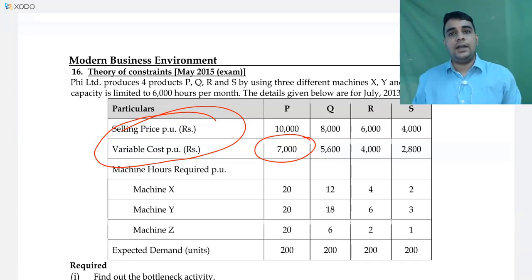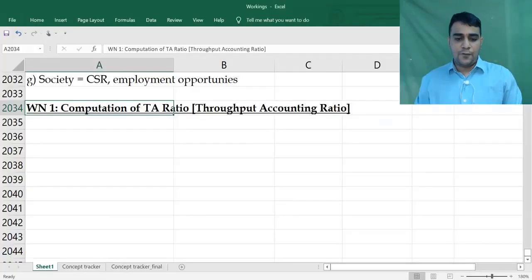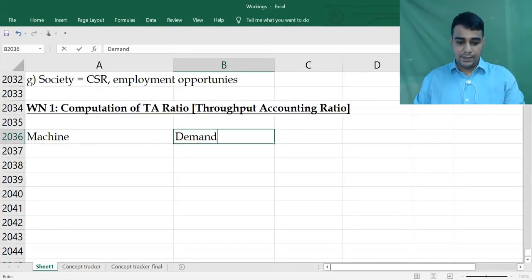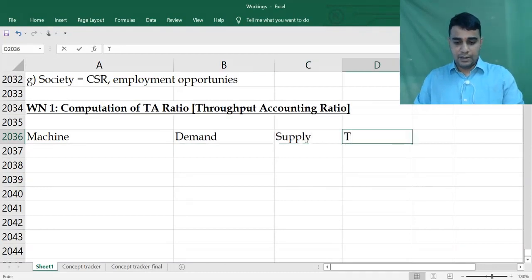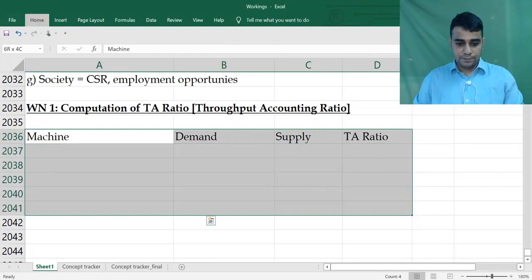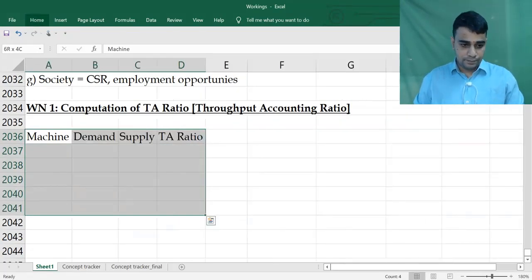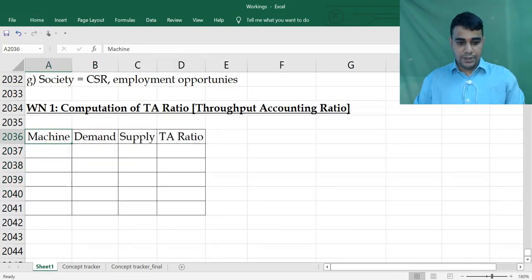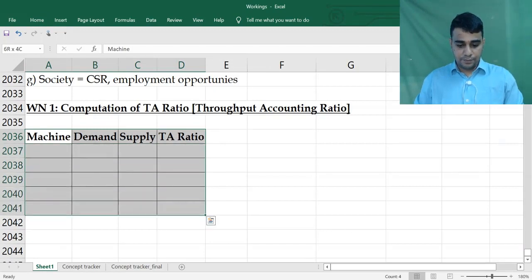Nothing else is given, nothing on the labor side or the raw material side. So I need four columns: machine, demand, supply and TA ratio.